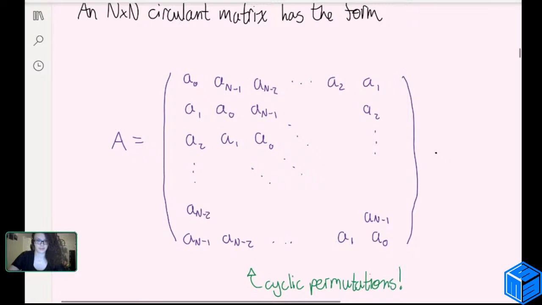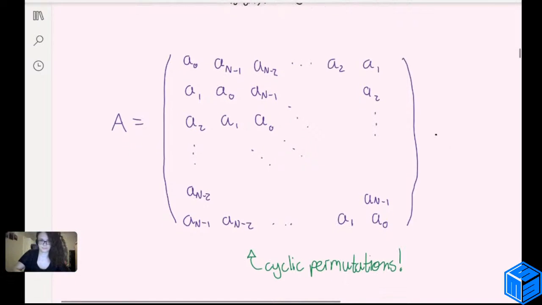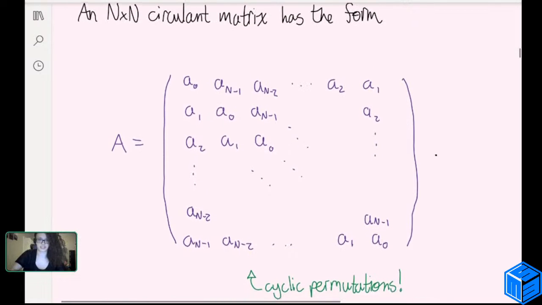And similarly for the next column, we've got the element that was in the bottom entry as the top entry for the next one, and so on and so forth. So these are cyclic permutations, and we see the same thing happens in the rows as well. So we see the last entry, A1 for the top, becomes the first entry for the next row, and so on and so forth. So this is a circulant matrix.